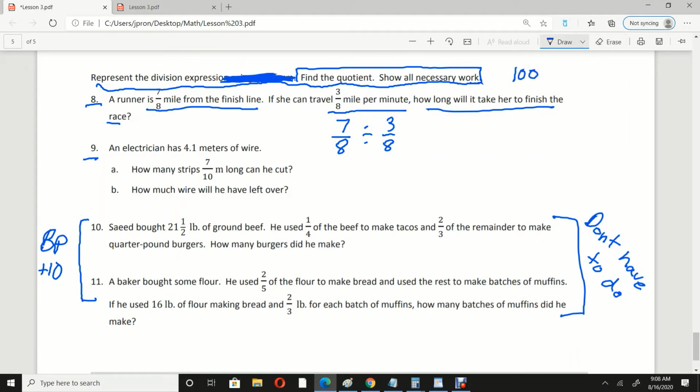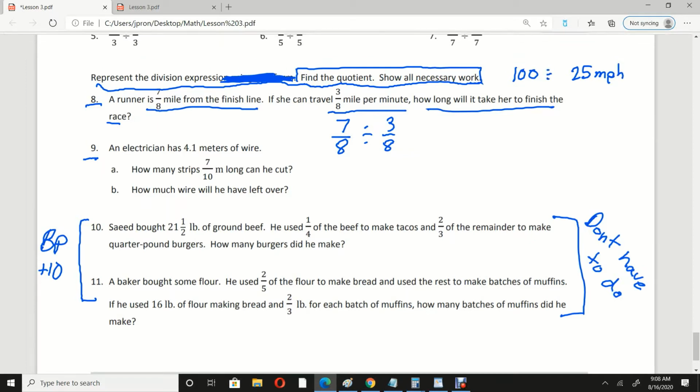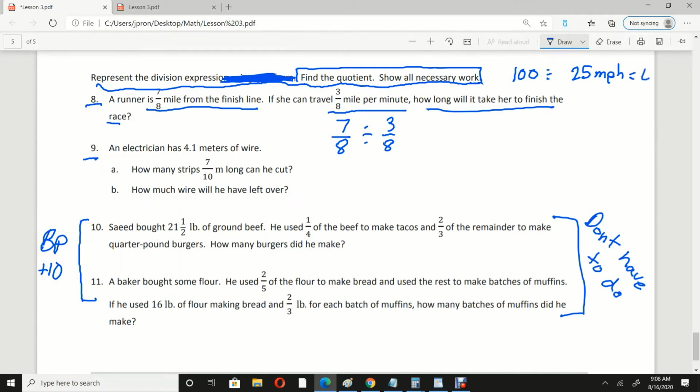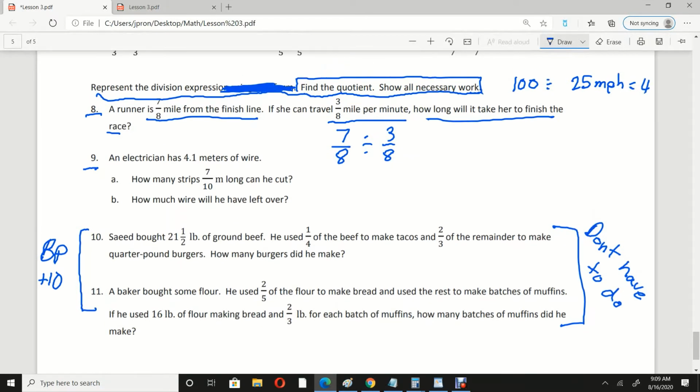And let's say he's traveling 25 miles per hour the whole way there, right? So how long is it going to take him to get there? Well, we divide 100 by 25. That tells us that it would take 4 hours to get there, right? And we could figure it out the other way. So if we travel 25 miles per hour, in 4 hours, we'll have gone 100 miles.